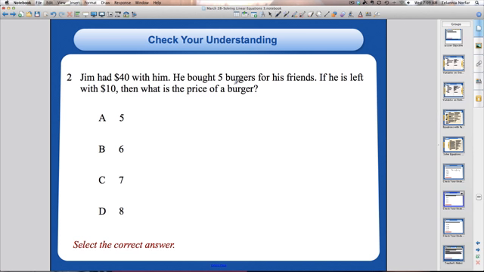If I bought 5 burgers, that's 5 times however much the cost of the burgers was. So that's 5x. And then he ended up still having $10. So if whatever that amount is, if I add $10 to it, I'm back up to it equaling 40. So this was a little harder problem.